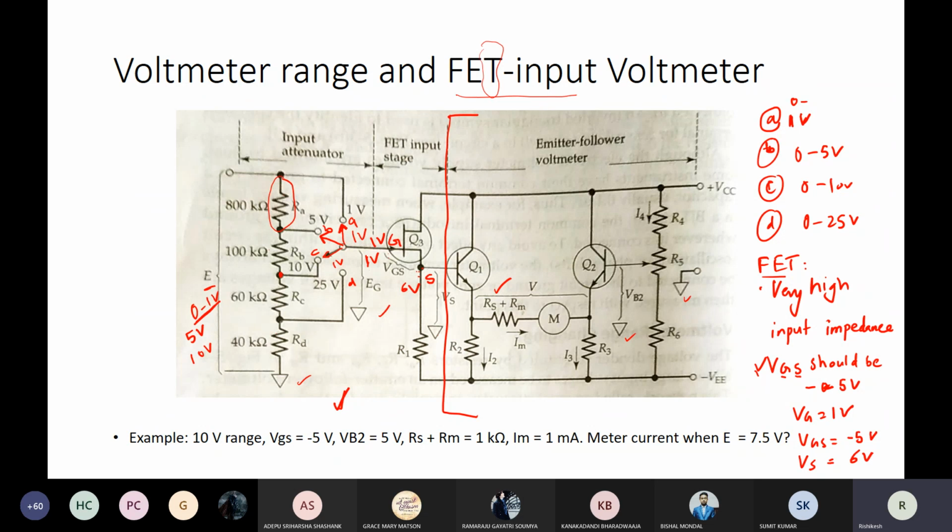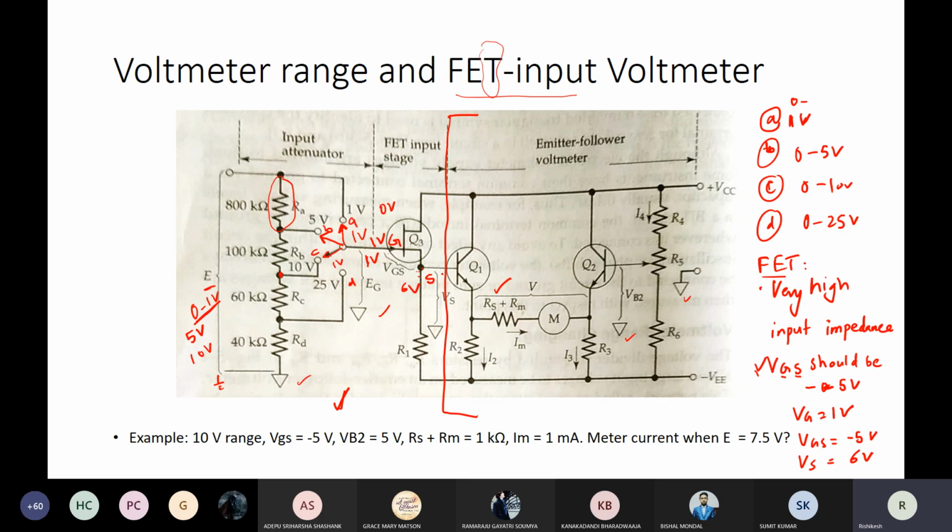Now, if you look at the previous arrangement which we made to see the working principle of this voltage emitter follower, we initially short circuited this. We connected the supply voltage to 0 for the calibration purpose, so that the meter will indicate 0 volt. In that case, the gate voltage was 0 volts, right?